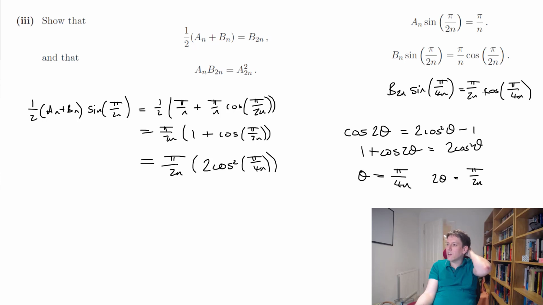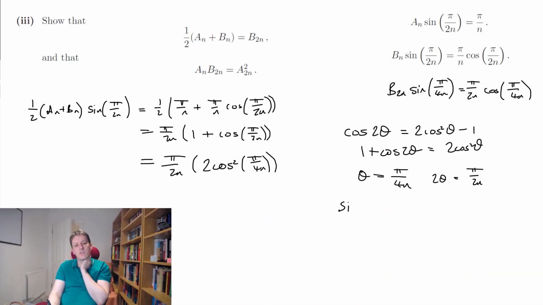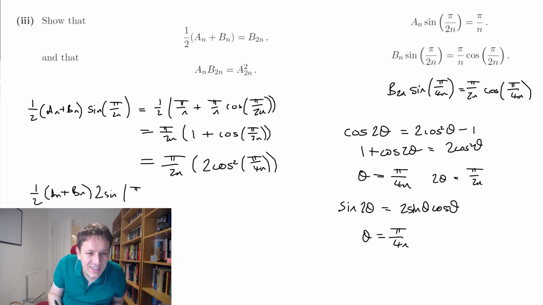So we're getting quite close. I've still got this sine pi over 2n on this side, so if we also use the identity sine 2 theta is 2 sine theta cos theta, again with theta equals pi divided by 4n, then this sine pi over 2n becomes 2 times sine of pi over 4n times cos of pi over 4n.